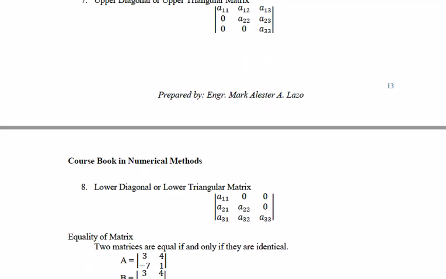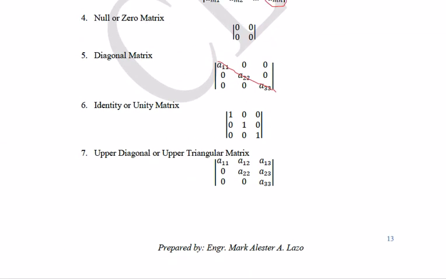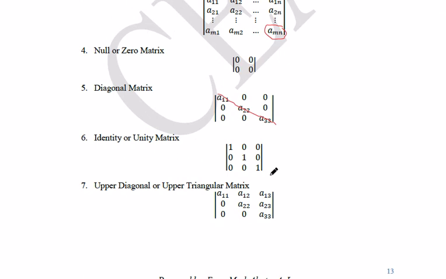And then we also have the identity or unity matrix. When we say unity, the values of the diagonal are all 1. And as you can see, the values of the lower triangular elements are 0, and the values of the upper triangular elements are all 0.